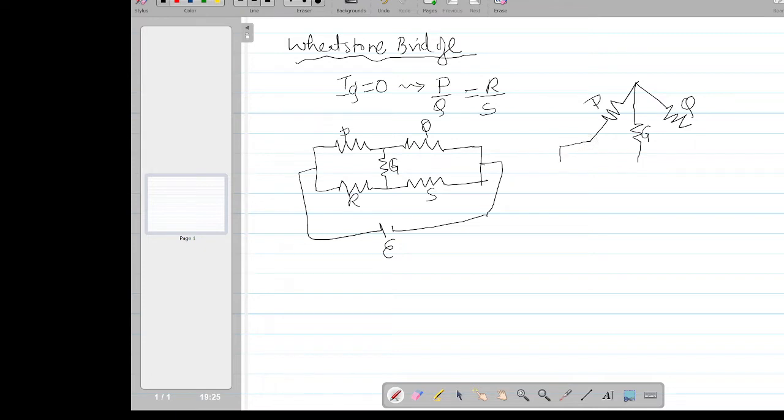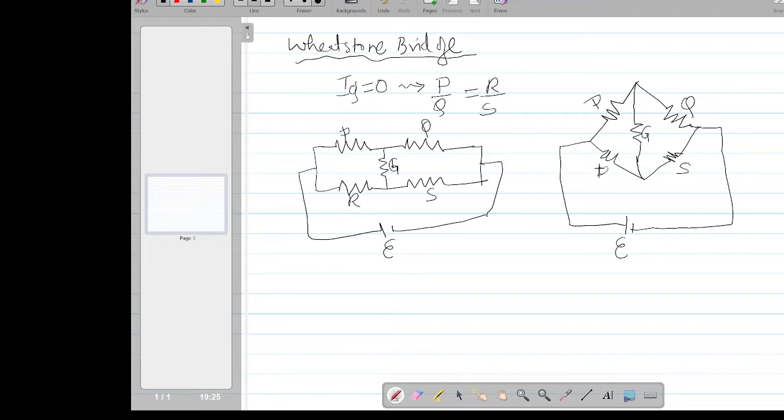Another end of P is connected to resistor R, and one end of R is connected to G, and the other end of R is connected to the S resistor. So Q and S are both connected in parallel, and both join to a battery, that is EMF E.